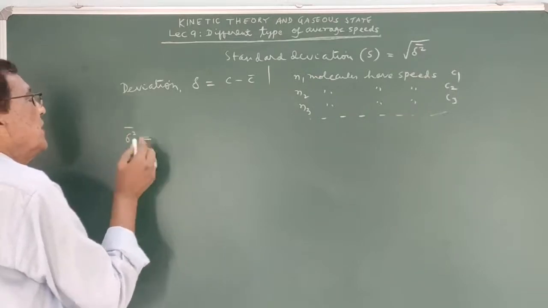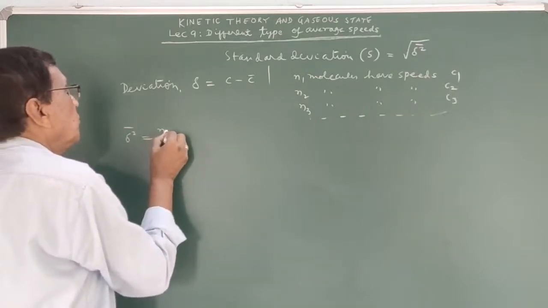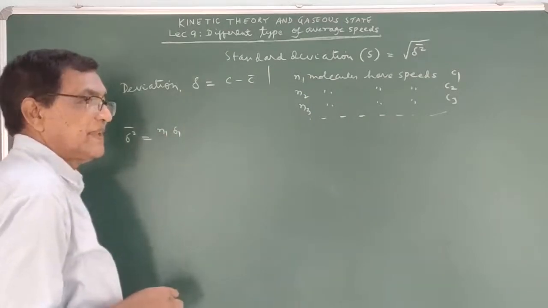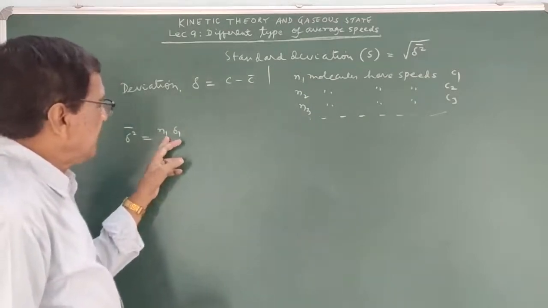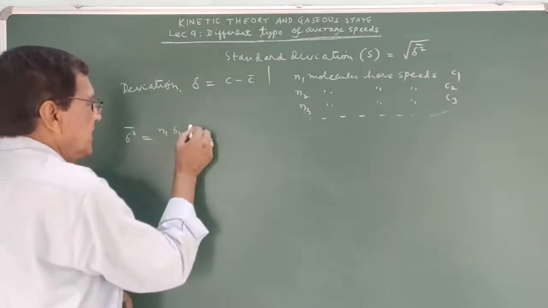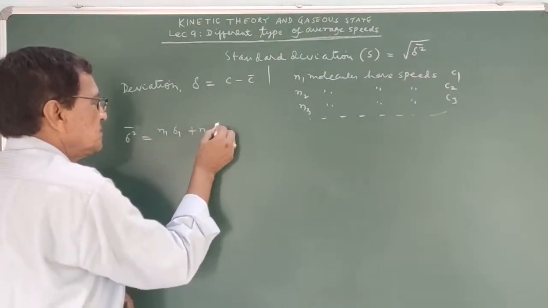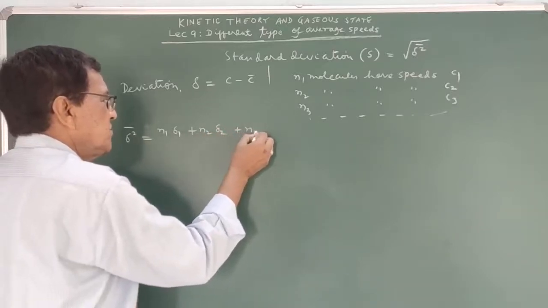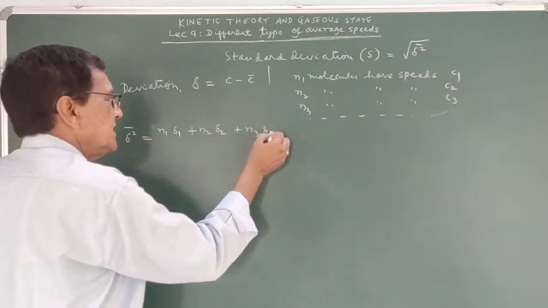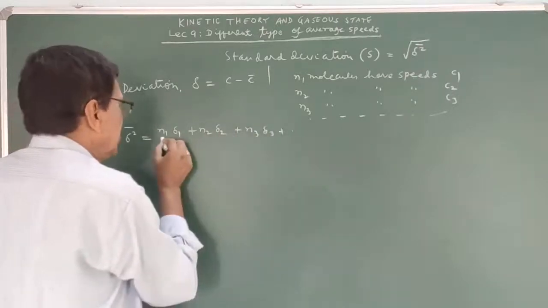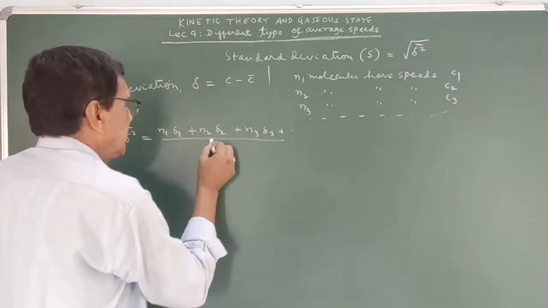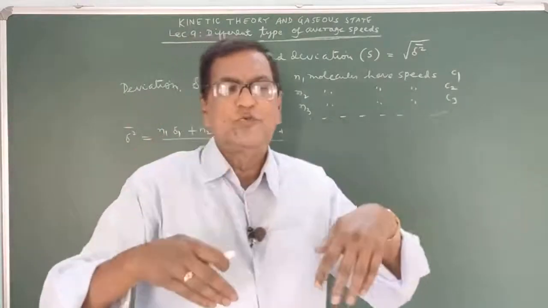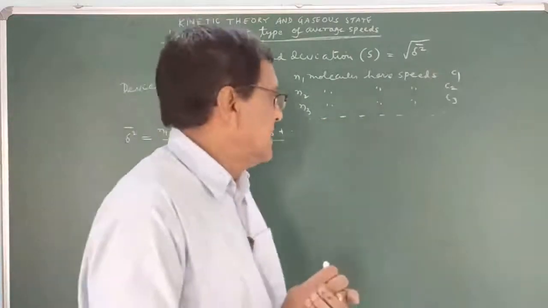This is equal to N1 molecules having the deviation del 1, plus N2 molecules having the deviation del 2, plus N3 molecules having the deviation del 3, plus so on, divided by N. N is the total number of molecules, N1 plus N2 plus N3 plus.